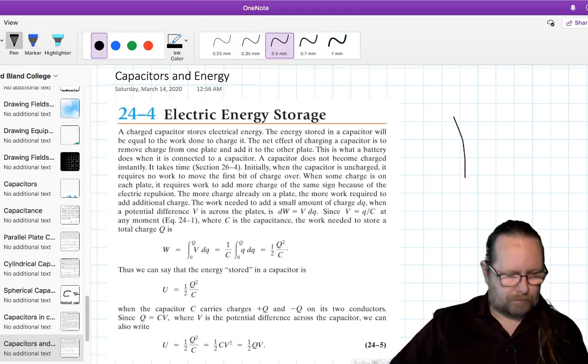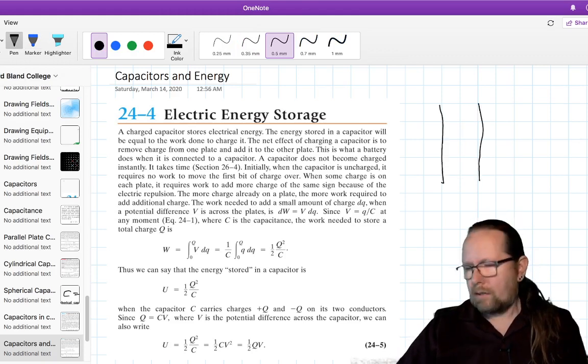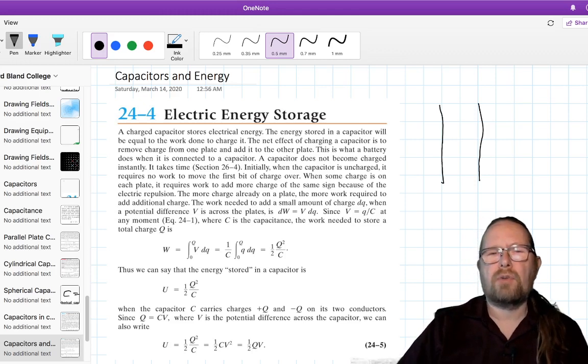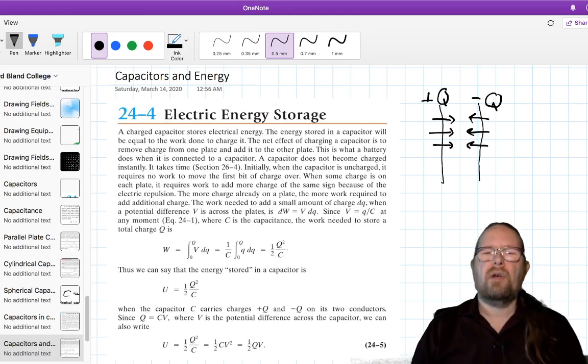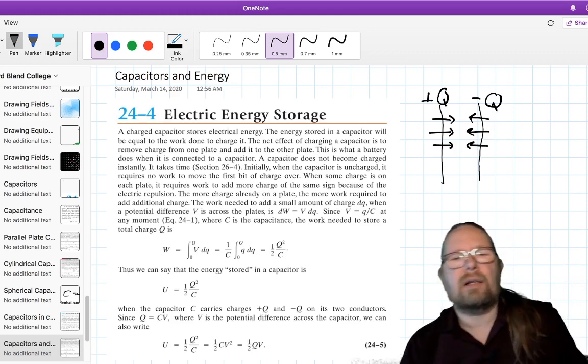You've got a parallel plate capacitor with charge plus Q on one side and minus Q on the other side. If you want to just think about it in terms of force, the charges on these oppositely charged plates will want to attract one another. So you can imagine there being a potential energy in space due to that electrical attraction.